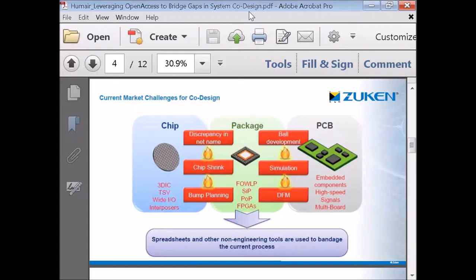It's very manual and error-prone. And we're using non-engineering methods to figure out how to drive DFM checking, or managing net names across systems, or doing proper ball development or bump planning for your systems. So these are some of the challenges that we're looking to address from a co-design perspective. So if we go to the next slide.